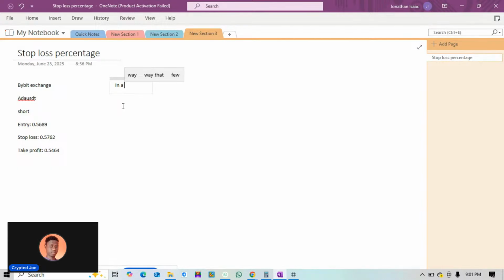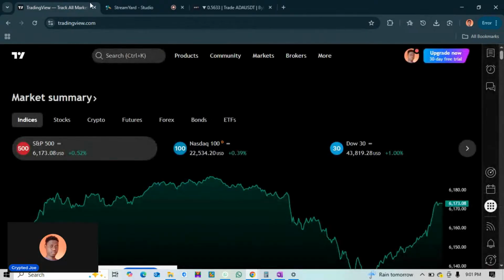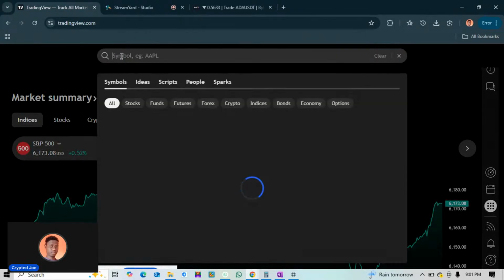In a short trade, this is the formula. In a short trade, your liquidation price, your stop loss price is the one that is higher than your entry. Okay, I need to open this up again.